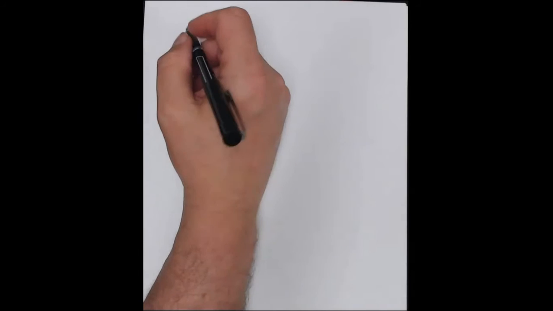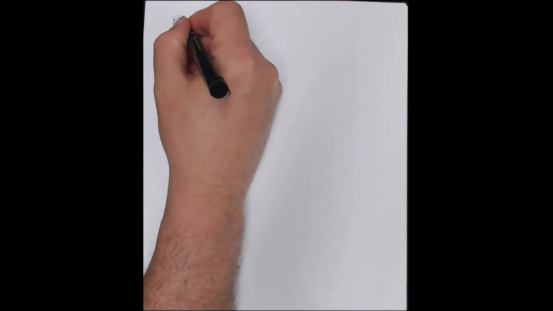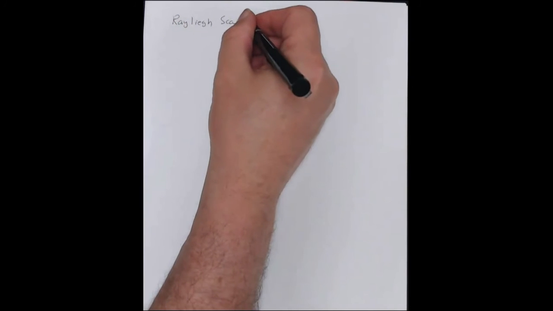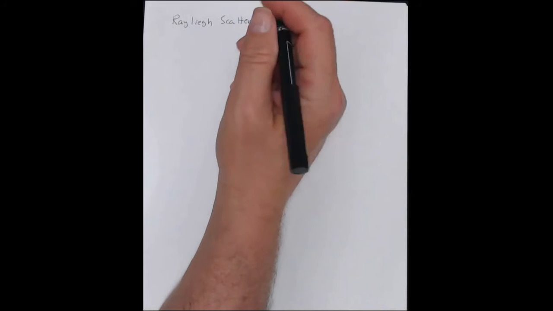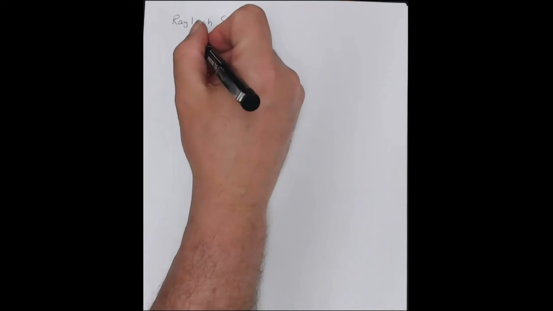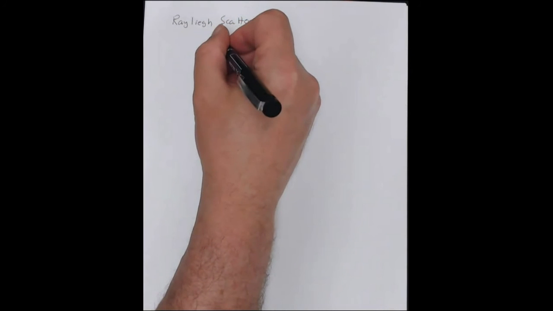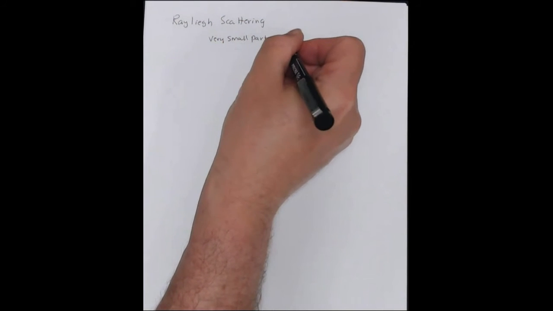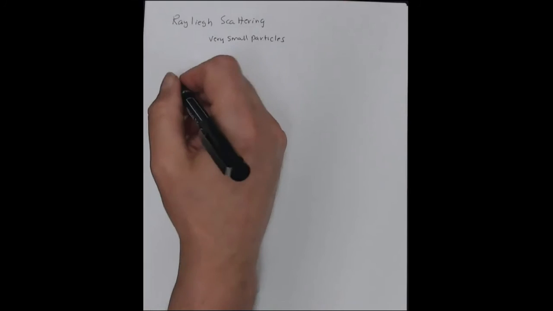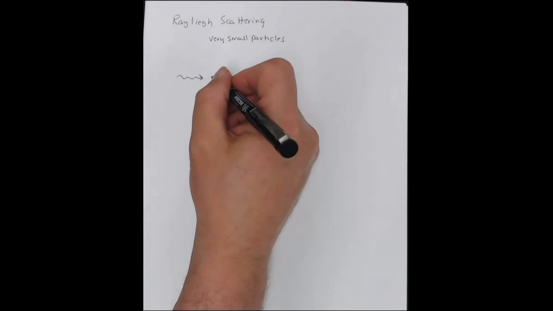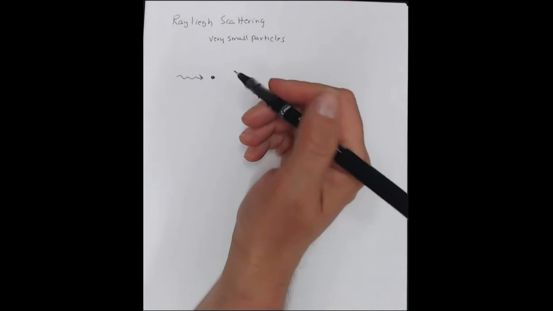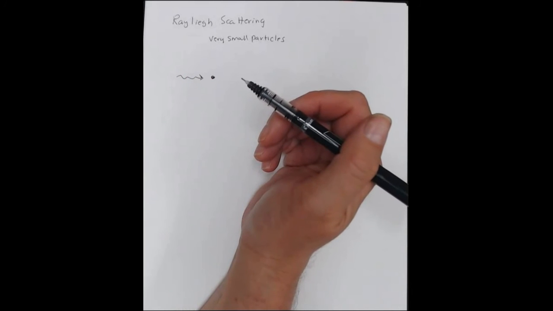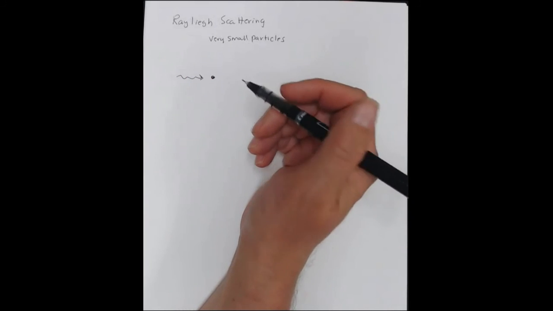Okay, let's talk about Rayleigh scattering first. So what happens? This is when light is scattered from very small particles. And when it occurs, so you have your incoming photon, here's your small particle, and with all this scattering, light somehow kind of gets absorbed by the atom, molecule, dust grain, whatever it is, and re-emitted.